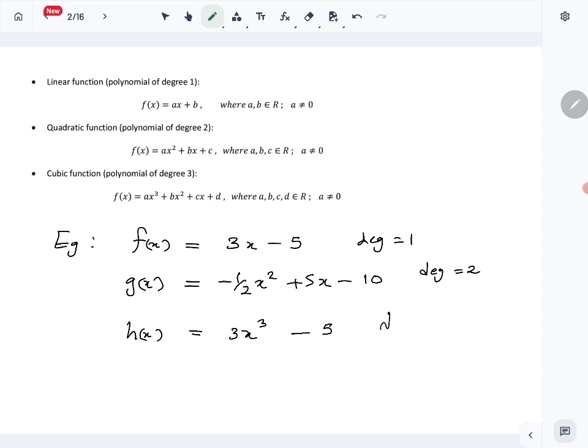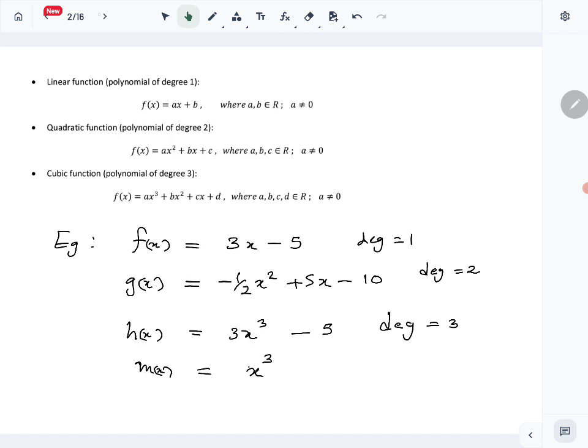So it's the cubic function. So all terms don't need to be there. So here x squared coefficient in this cubic is what? 0. X coefficient is also 0. Okay. So all terms don't need to be there. Remember that. So simply putting, this is also cubic because x cube, right? It's a polynomial of degree 3. Here x squared coefficient, x coefficient and constant are all 0.